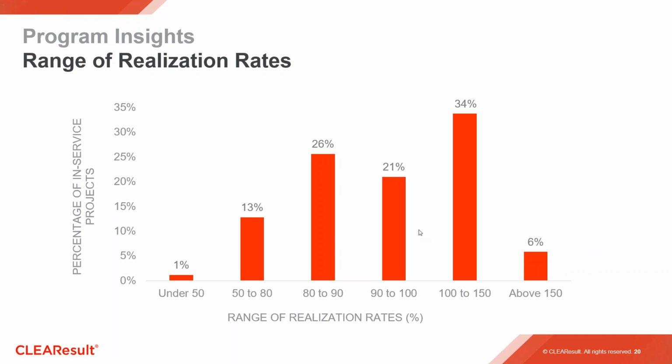So this histogram shows the percentage of in-service projects by number based on their range of realization rates. 55% of all projects would fall between 90% to 150% realization rate. Does that answer your question?